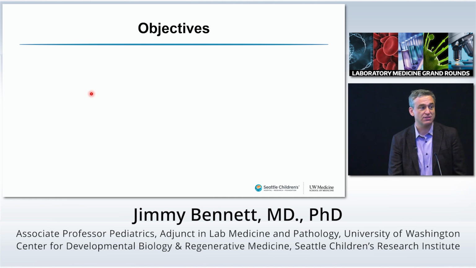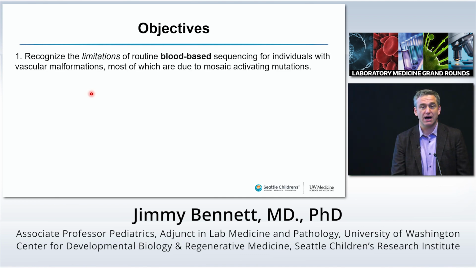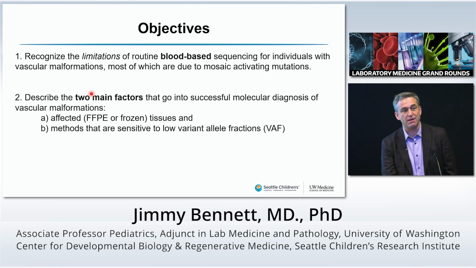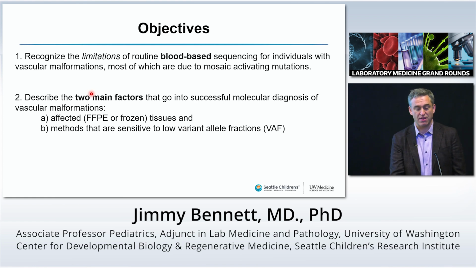So the objectives for the talk today, these were for the CME, or for you guys here and for the audience at home, are to recognize the limitations of blood-based genetic testing for individuals with vascular malformations, most of which are due to mosaic activating mutations, to describe the two main factors that go into successful molecular diagnostics for vascular malformations, which is the use of affected tissues, FFPE or frozen, as well as the use of high-sensitivity methods that can detect low variant allele fractions.